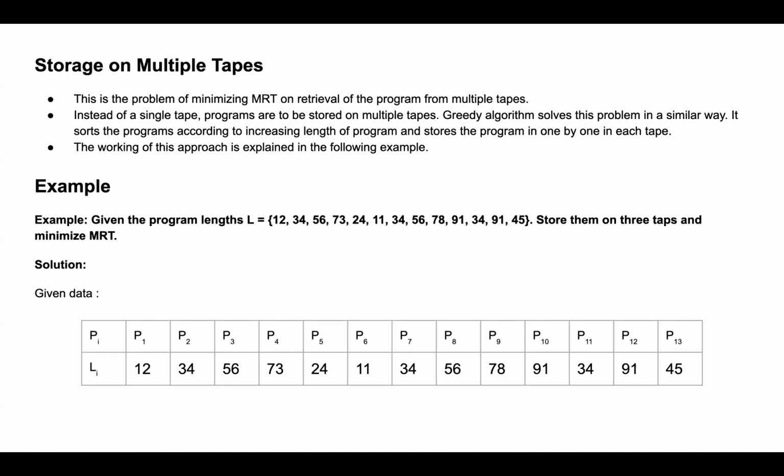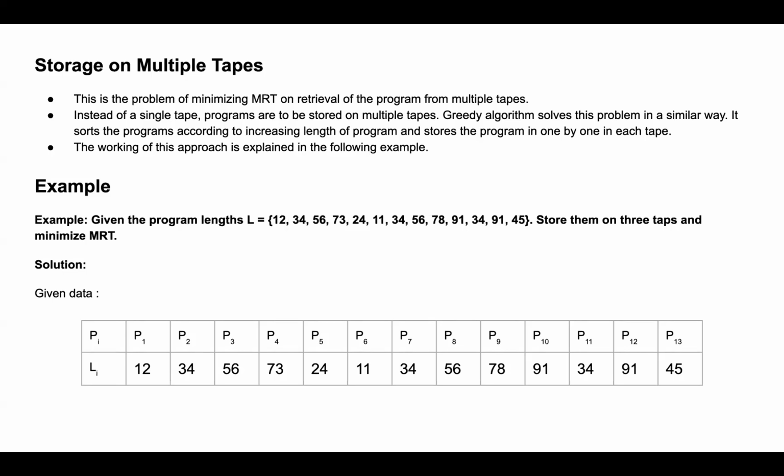The greedy algorithm solves this problem in a similar way. It sorts the programs according to increasing length of program and stores the programs one by one in each tape. The working of this approach is explained in the following example.